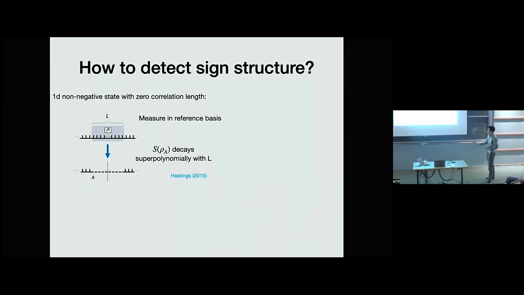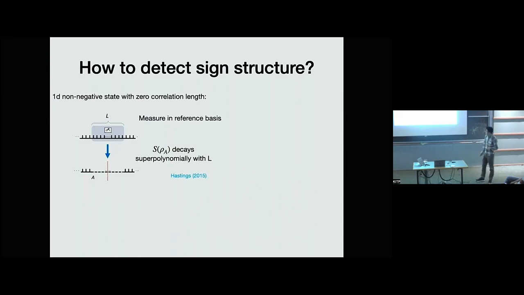Then he showed that after measurement, due to the sign-free nature, the resulting entanglement between the two remaining pieces must be very small. It must decay superpolynomially with their separation. So in other words, for a sign-free state, at least with zero correlation length, measurements are unable to generate much correlation.